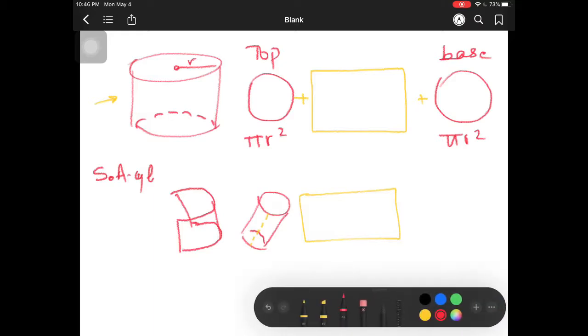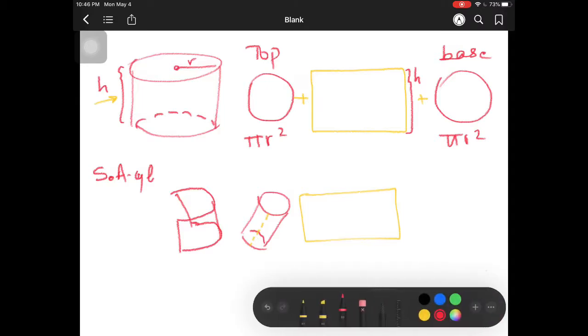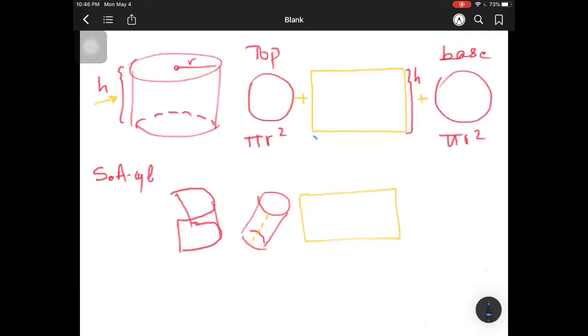So if the height here is h, then this would be the same as the height here. We're going to call it h. What still remains for us to think of is what's the dimension here? What is the length of this side? Now, as we said here, if you take the circular part and you open it and you extend it, this distance and this distance are the same.